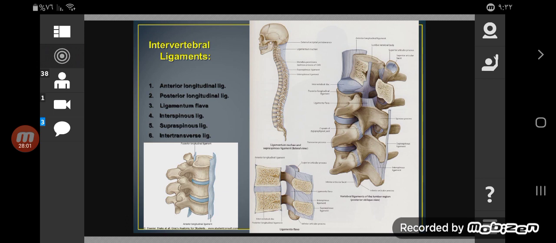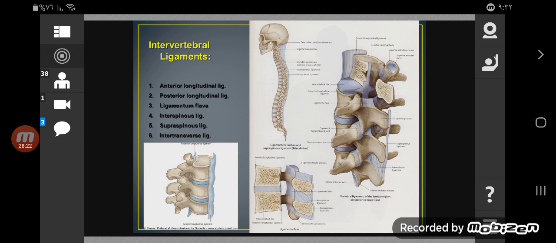All right, and between two adjacent vertebrae, we've got some important ligaments, and in this picture you can see the ligaments. From posterior to anterior, one by one, I will introduce the ligaments and tell more details about them.